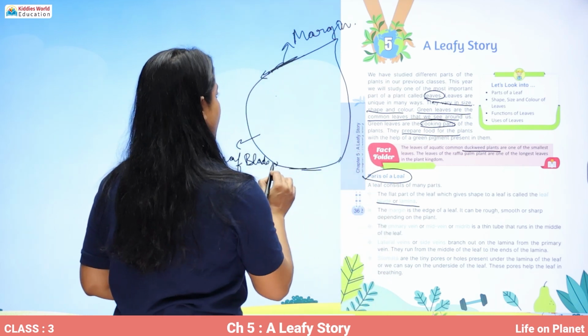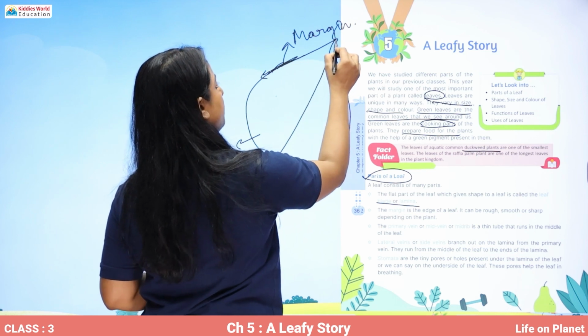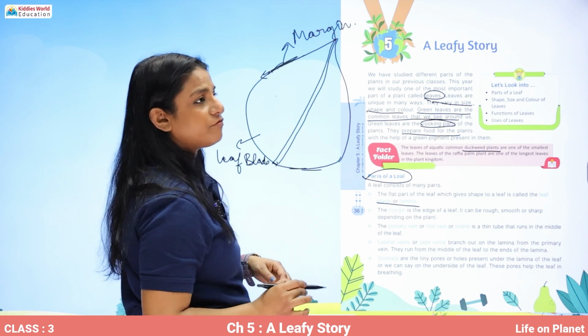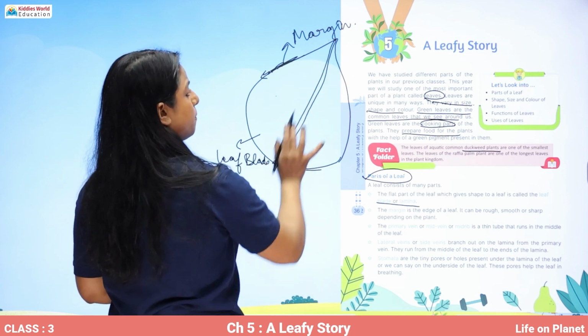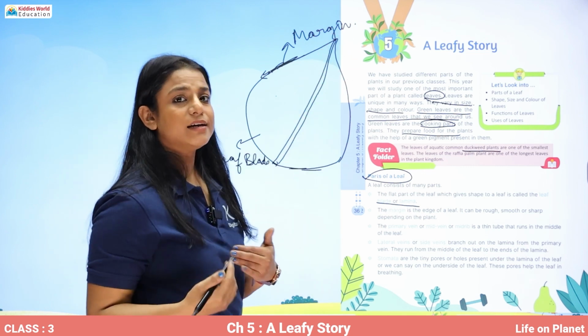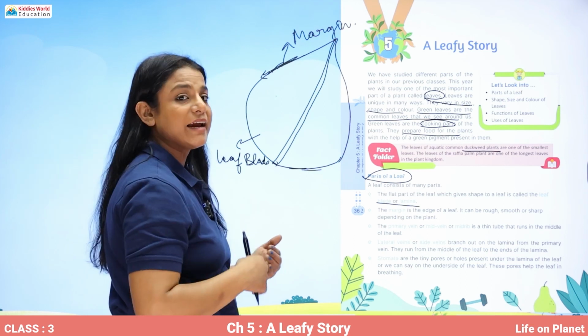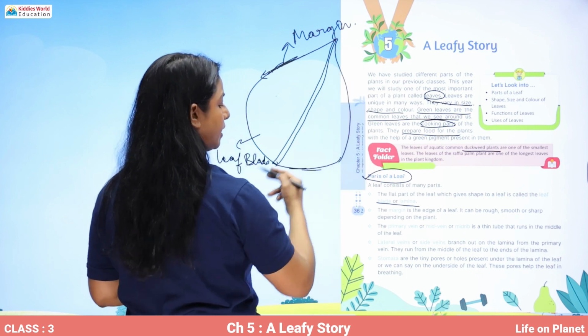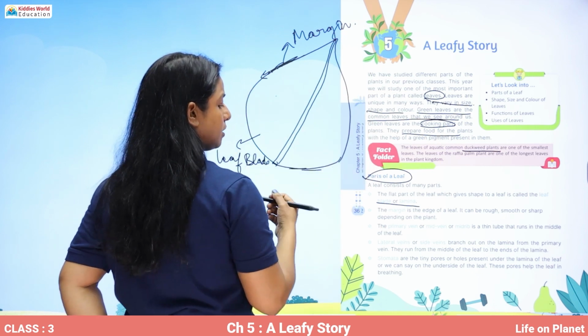Then comes the primary vein or the midrib, which goes in between the leaf, and through this midvein only the water is sent to the leaf. This is a thin tube running in the middle of the leaf.